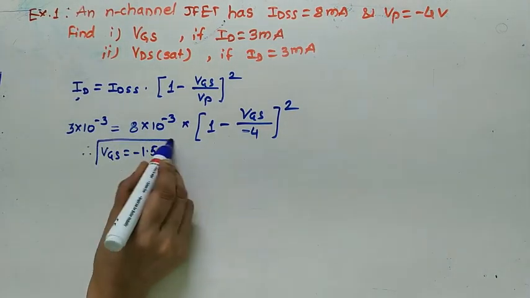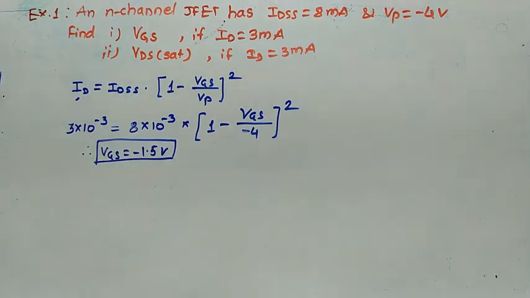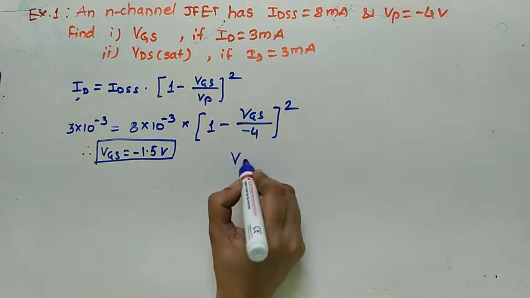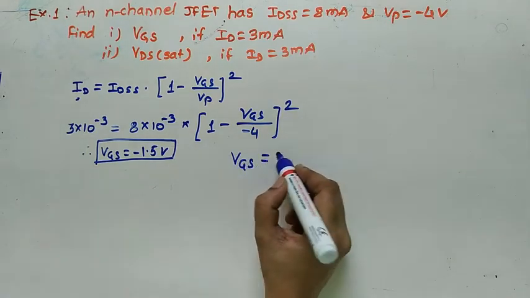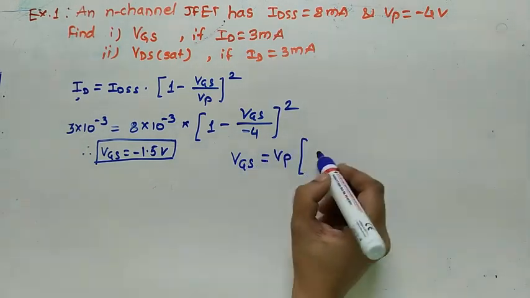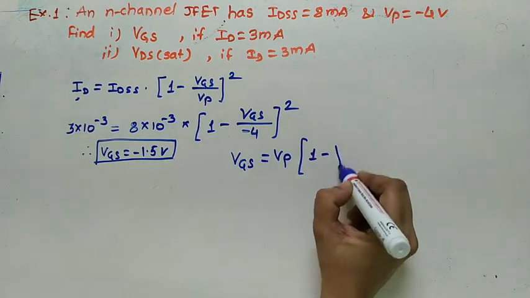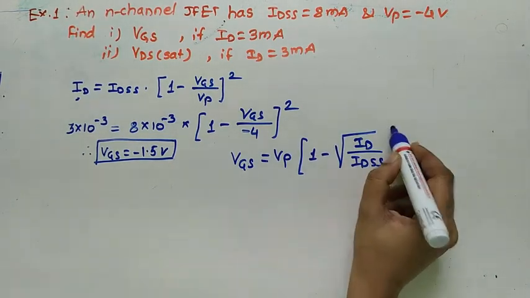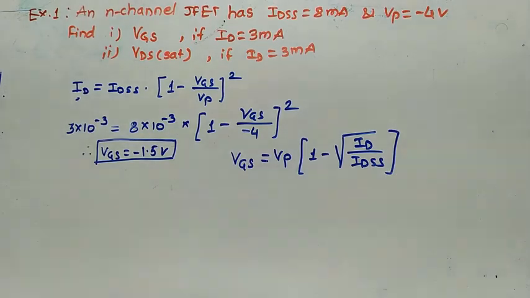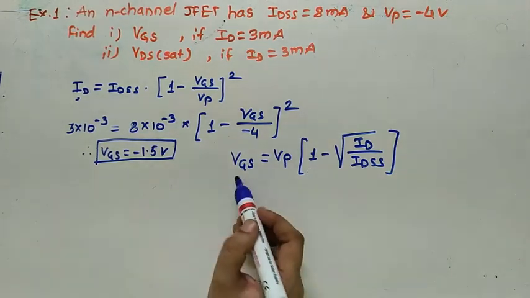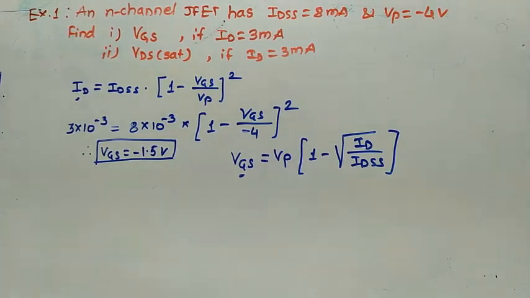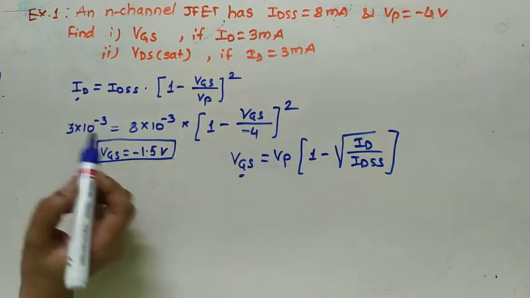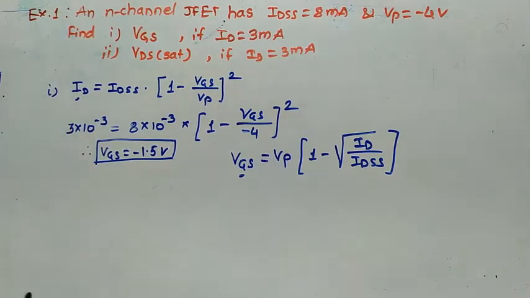Or you can simplify the equation as VGS is equal to VP into (1 minus square root of ID upon IDSS), and by putting the values you can find the value of VGS. So here we have calculated the value of VGS.